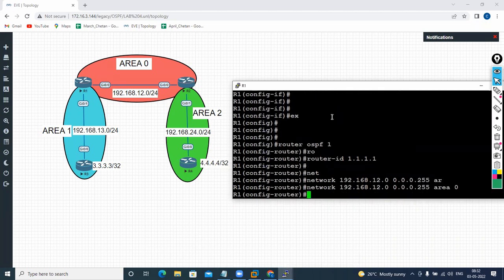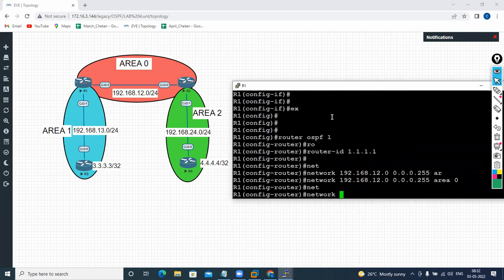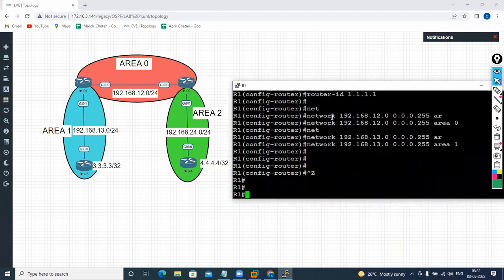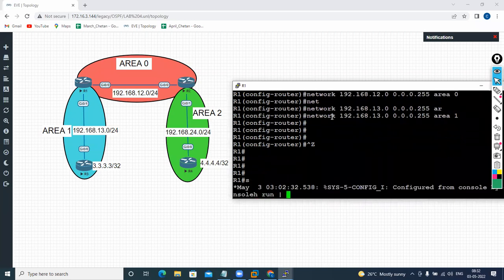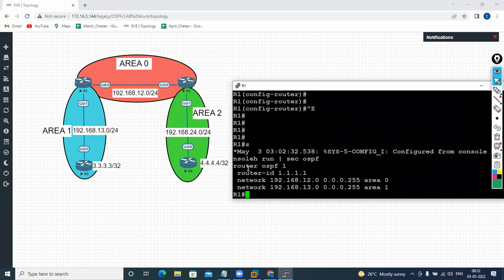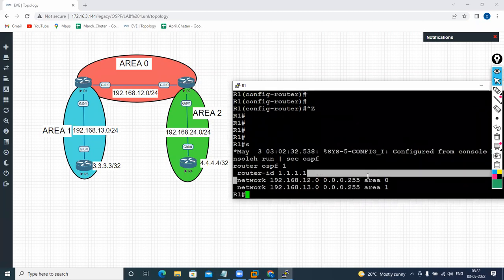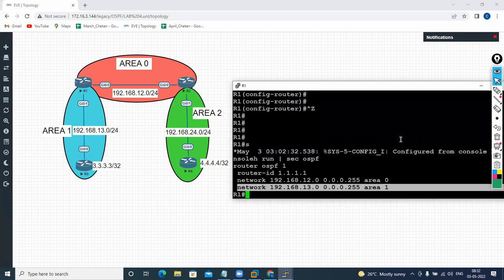Enter. Network 192.168.13.0, wildcard mask, and area 1. This is the configuration on R1. 12.0 will be in area 0 and 13.0 will be in area 1.